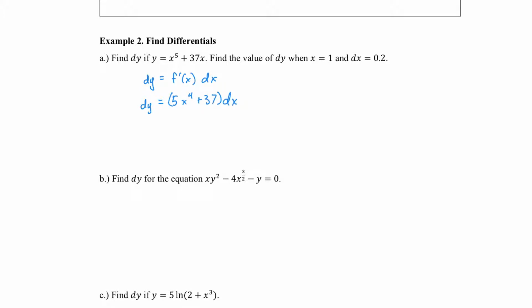You really can think, if dx is a variable, divide both sides by dx, and you have dy dx, just like we've been used to dealing with. And typically we'll just find dy dx and then multiply by dx to get the differential dy, and we'll see that down below. Considering this numerically, this is just going to be 5 times 1, because x is given to be 1, to the 4th plus 37, times 0.2.